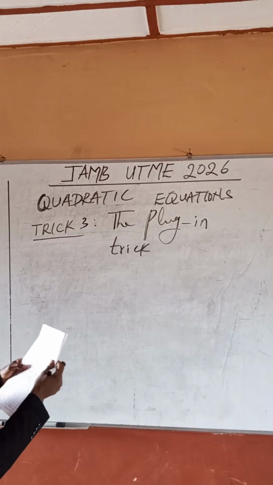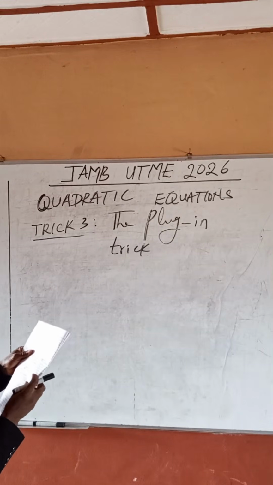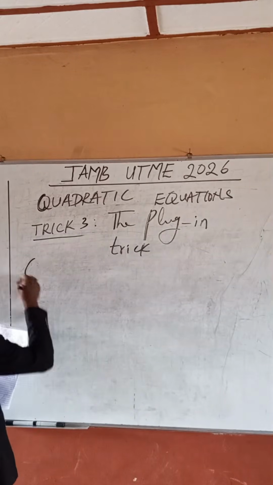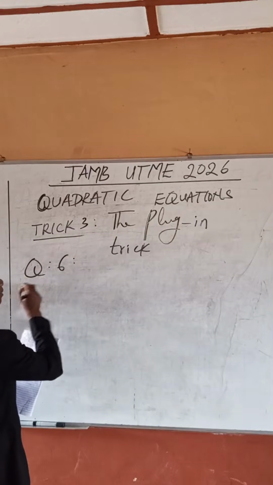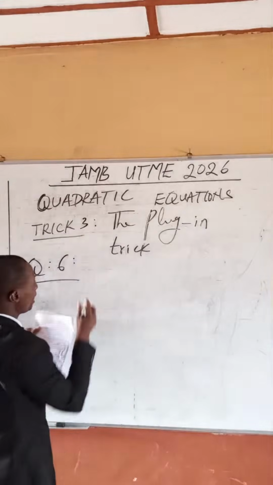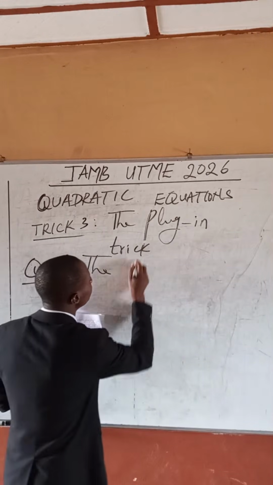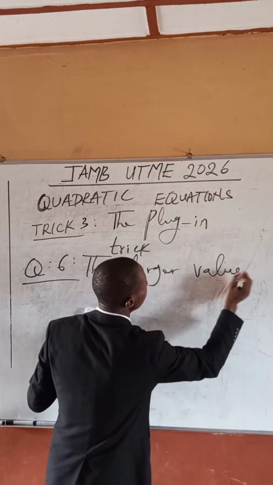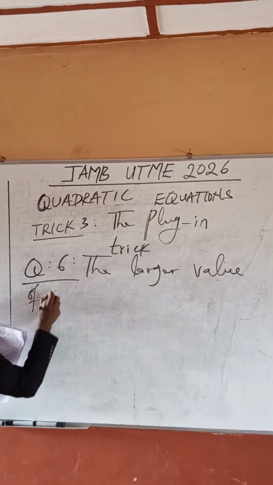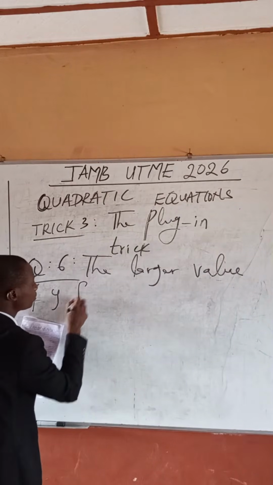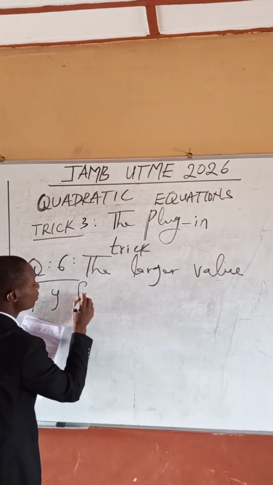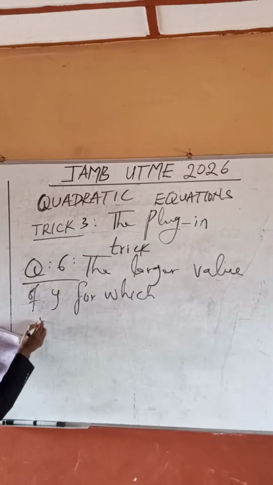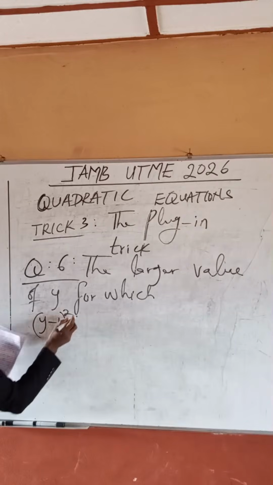Now let's look at this one, the plug-in method. I want to show you something here. Question number 6. The larger value of y for which (y minus 1) squared equals 4y minus 7 is what?